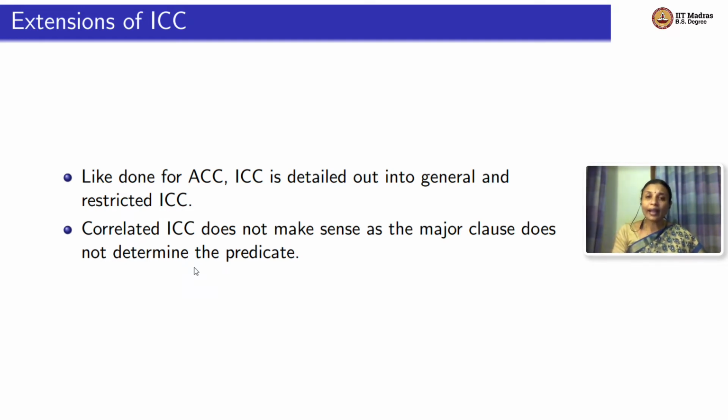In correlated active clause coverage criteria, the minor clauses would take values such that the major clause determines the predicate. Here, the major clause does not determine the predicate. So, correlating the minor clauses values to the major clause determining the predicate is not a well defined operation. So, we just generalize it to general ICC and restricted ICC. Correlated ICC is not a well defined operation.